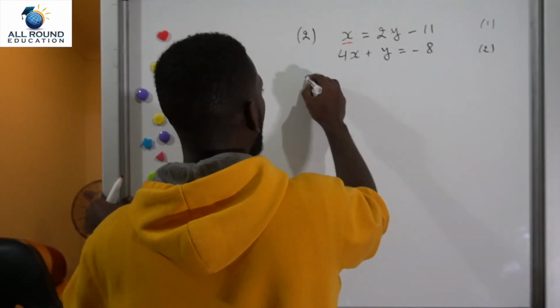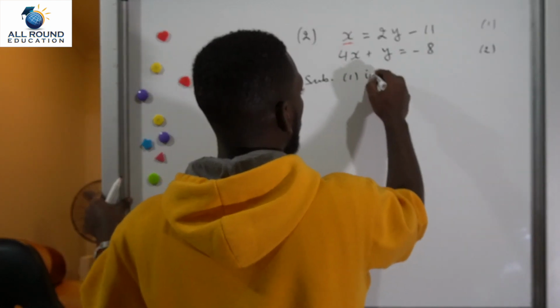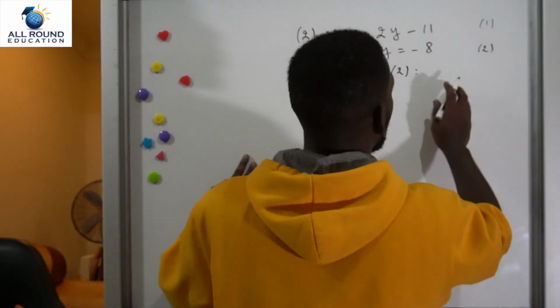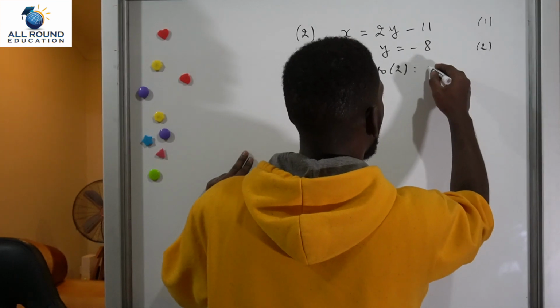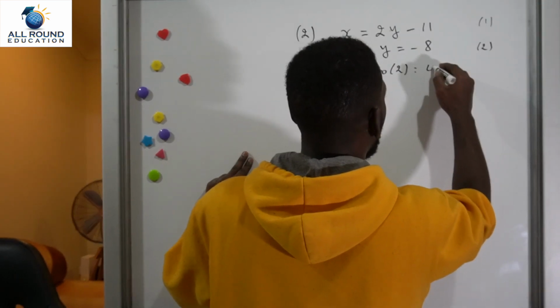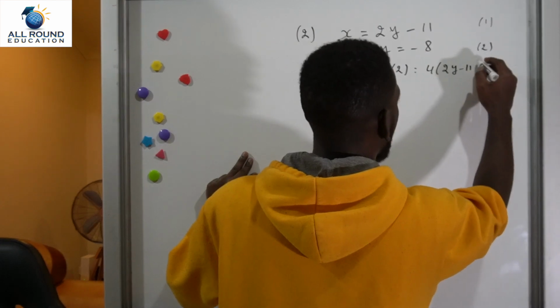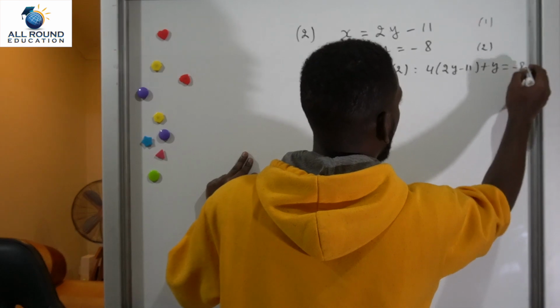What we then do is substitute equation 1 into 2, right? When you do that, you then have 4 times 2y minus 11 plus y equals negative 8, right?